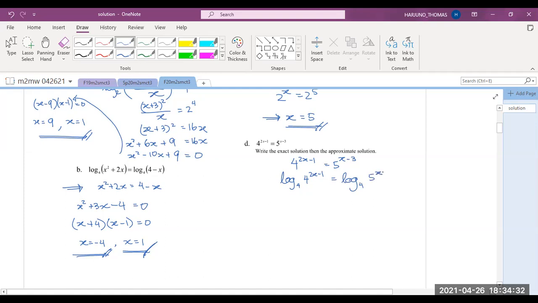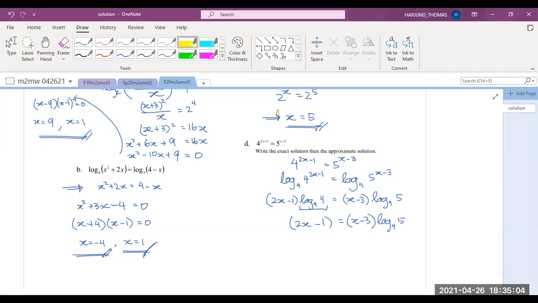equals log base 4 of 5 to the x minus 3. This becomes 2x minus 1 times log base 4 of 4 equals x minus 3 times log base 4 of 5. But this guy is equal to 1, right? So 2x minus 1 equals x minus 3 times log base 4 of 5.